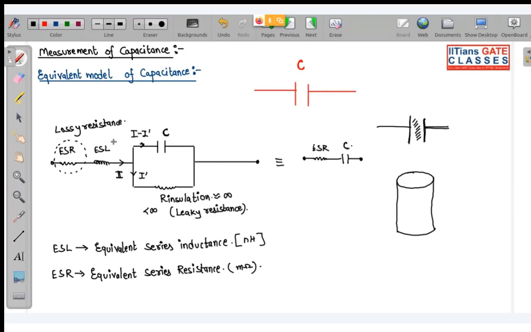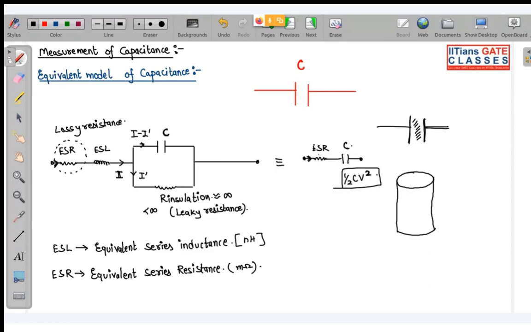And why is this called lossy resistance? If this ESR was not present, then no energy would be dissipated. Energy stored by this capacitor would have been half CV square, and only this much energy would be stored.